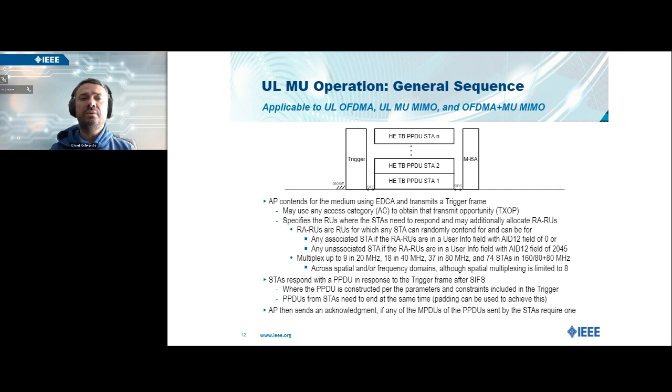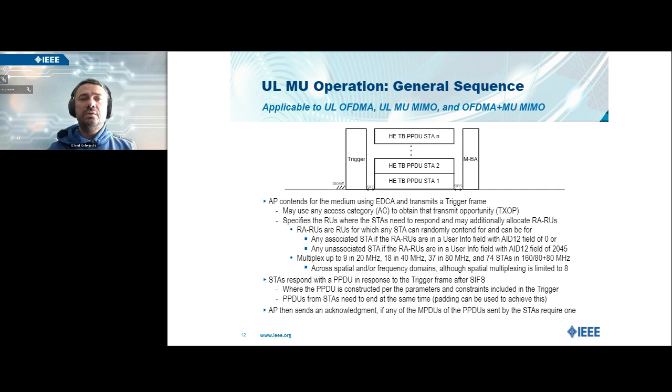And for stations that the access point does not know whether they have pending data, or whether they are awake or in those states, it allocates random access resource units so that the stations opportunistically attempt to access those random access RUs to send either data in the uplink or just a report to the access point to reserve resource units in the subsequent triggering of the access point.